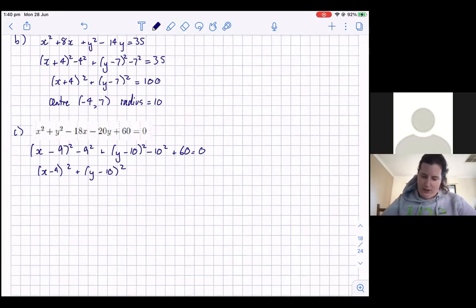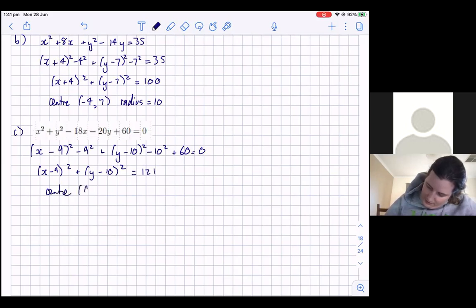Okay, we've got 81, we've got 100. So we've got take 121. So that's going to become equals 121. So the center is at 9, 10. The radius is 11. I reckon someone set out with those numbers.